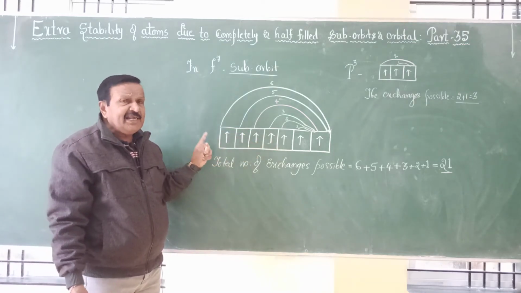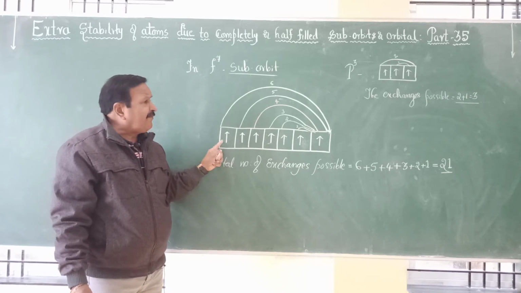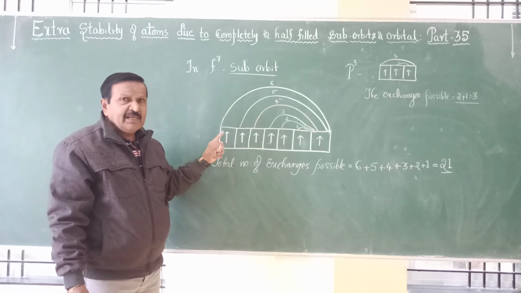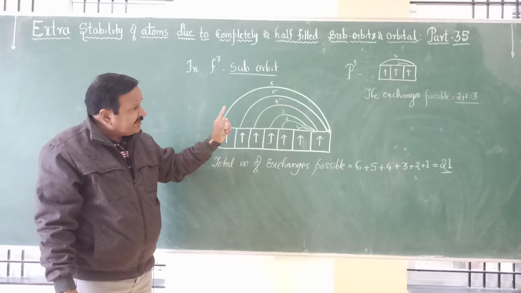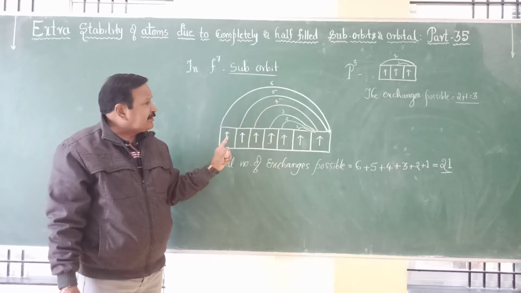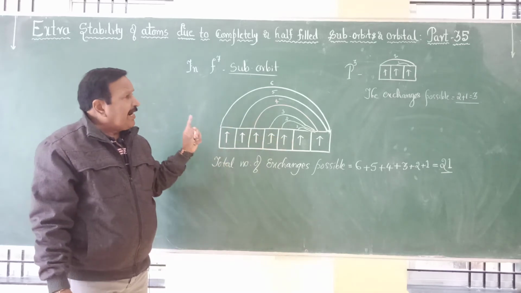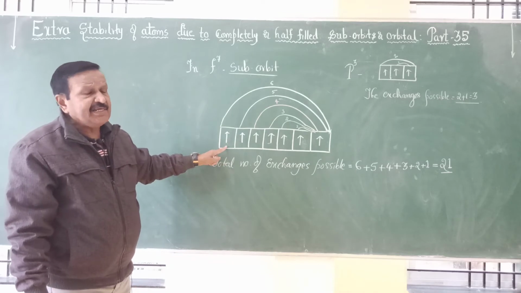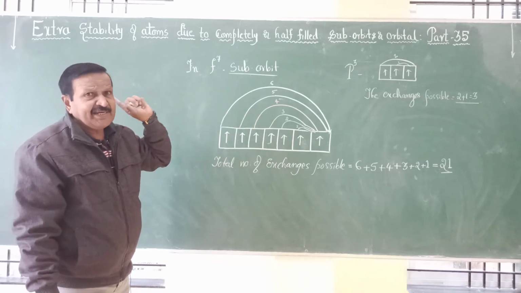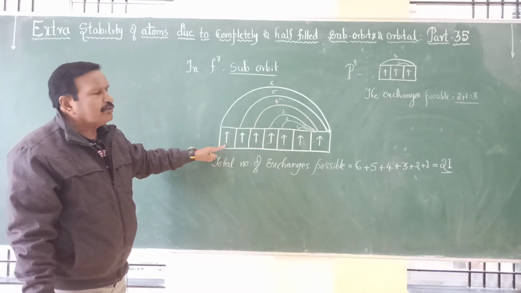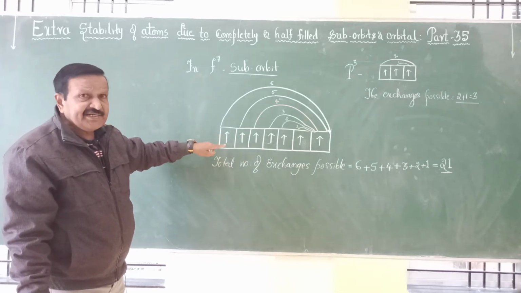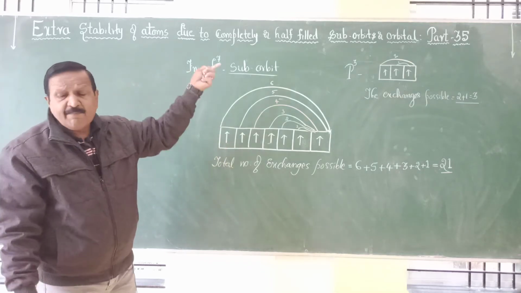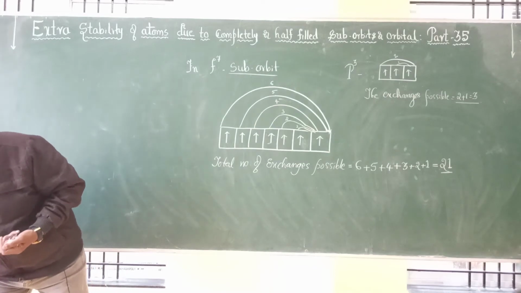This energy released during exchange of electrons from one degenerate orbital to another degenerate orbital is called exchange energy. And the more the exchange energy, the more the stability. Hence this also you have to consider before writing the electronic configuration.